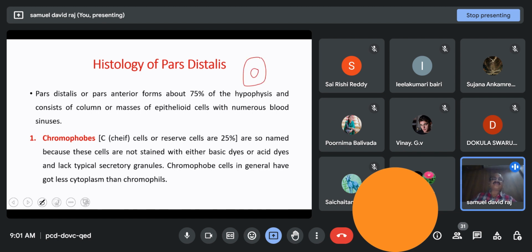So what does the cell actually have? It has a number of cell organelles, isn't it? Mostly endoplasmic reticulum and Golgi complex. The synthesized products are released from Golgi complex and endoplasmic reticulum as small vesicles in which these products are stored.